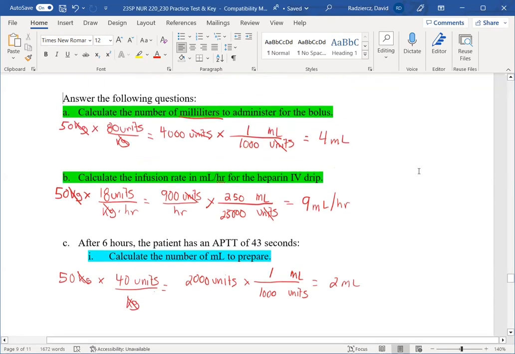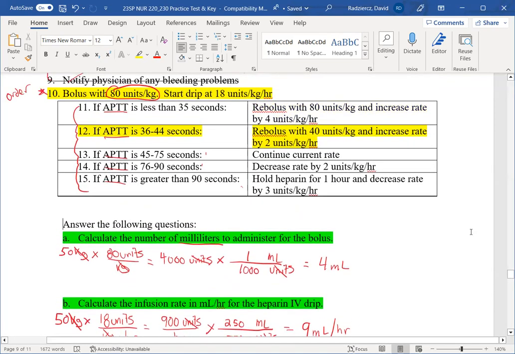Now you might be wondering, well, how else could this question change other than the patient's weight? Well, the APTT could change. We could do no bolus and decrease the rate by 2 units. We could rebolus with another 80 units and then increase the rate by another 4 units per kilogram per hour. So it just depends on what it says we're supposed to do.